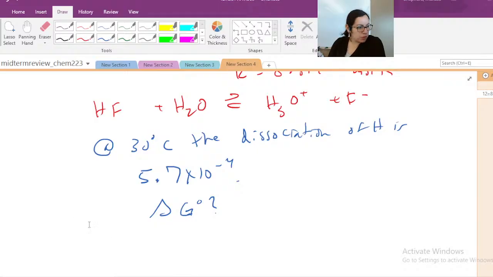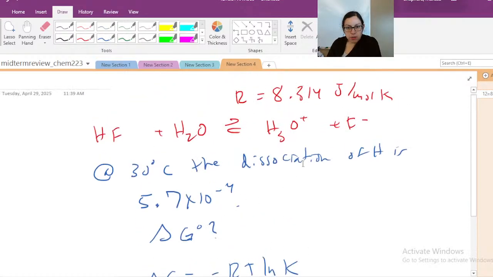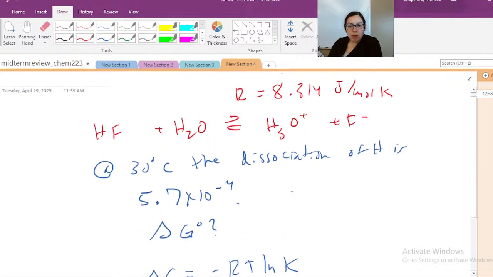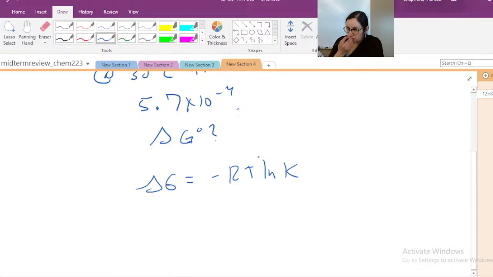What's the formula that we need for this one? So excellent, so we have our formula, and then you were given R in this case, but again, energy, and then T, of course, in Kelvin, so then we're good to plug in everything.